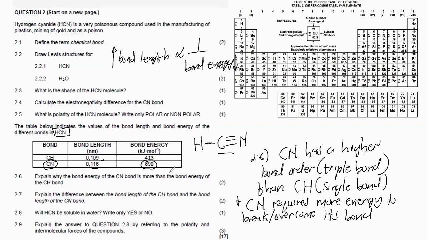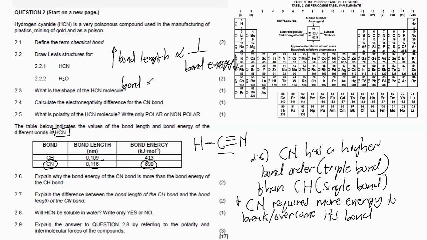Hence it ends up having a higher bond energy. Remember, what is bond energy? It is the energy needed to break the compound's molecule into two separate atoms, right? So CN requires more energy to break or overcome its bond. So the reason we see a higher bond energy is because of the higher bond order.